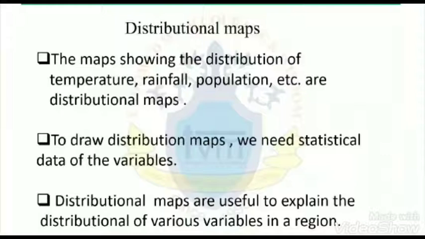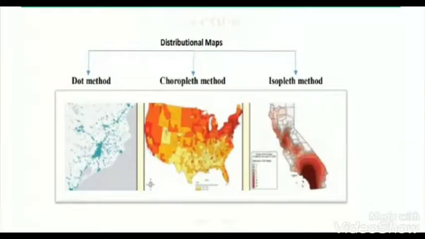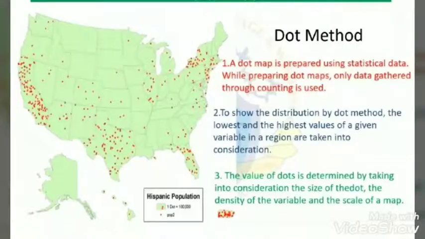Distributional maps are useful to explain the distribution of various variables in a region. Distribution can be shown in the following three ways on a map. The first one is the dot method, second the choropleth method and the third one the isopleth method. So let us begin with the dot method.